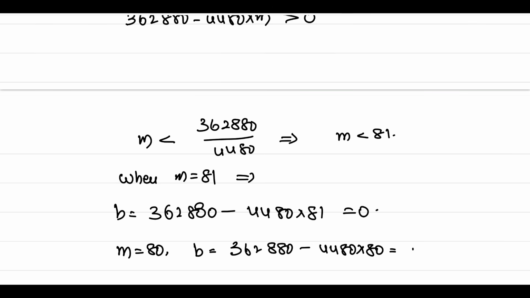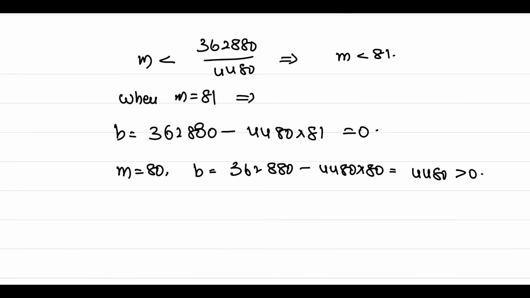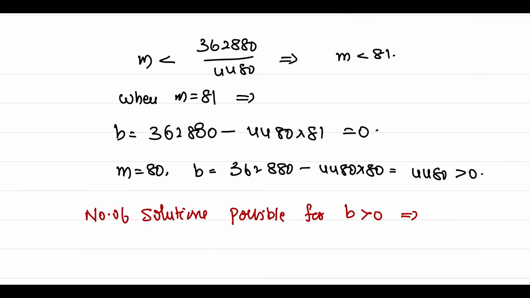B value is coming as 4480, which is greater than 0. That means number of solutions possible for b greater than 0 implies 81 minus 1, that is equal to 80.